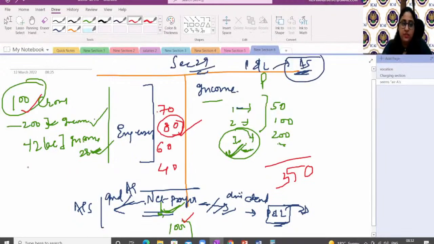And now if it is not allowed as per income tax, I will add 80. I will add 80. In this 100, this 80 is already reduced, right? But now if it is not allowable as per income tax, I will have to add this back to my profit. Simple maths, correct? So I added 80 crores.